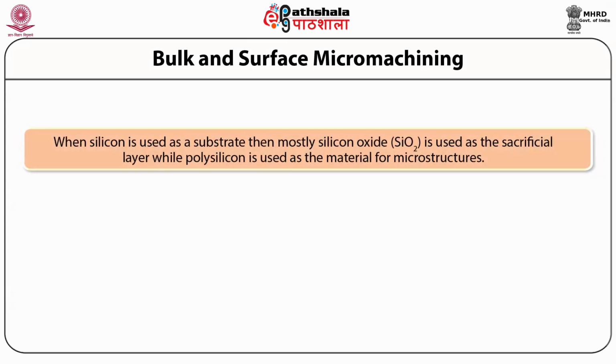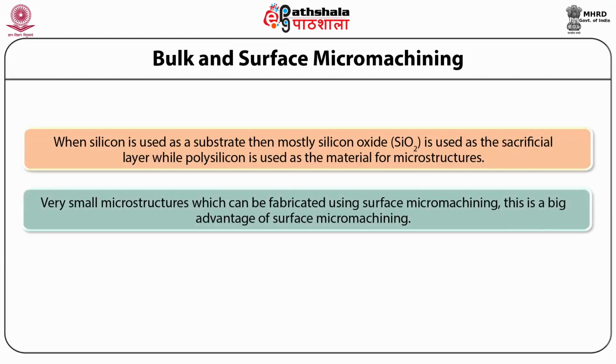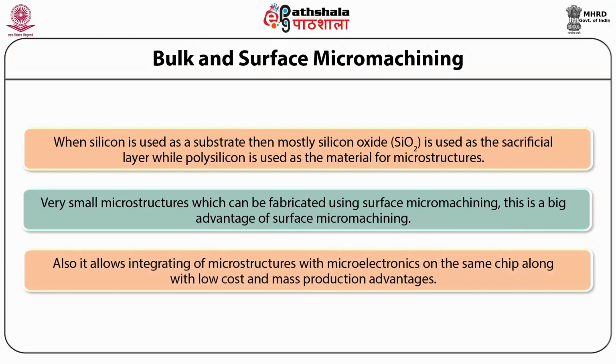When silicon is used as a substrate, then mostly silicon dioxide is used as the sacrificial layer, while polysilicon is used as the material for microstructures. Very small microstructures can be fabricated using surface micromachining. This is a big advantage of surface micromachining. Also, it allows integration of microstructures with microelectronics on the same chip, along with low cost and mass production advantages.